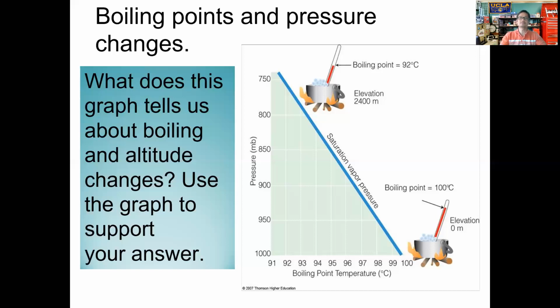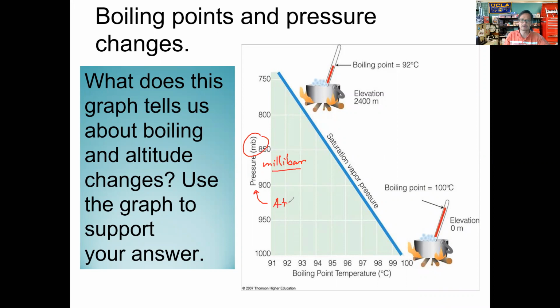So this is pressure listed for us. I'll just go ahead and write this here. This is pressure measured in millibar, and millibar is a pressure unit used by the weather people, by the meteorologists, to measure atmospheric pressure. So this is atmospheric pressure measured on the y-axis. This is no longer vapor pressure.